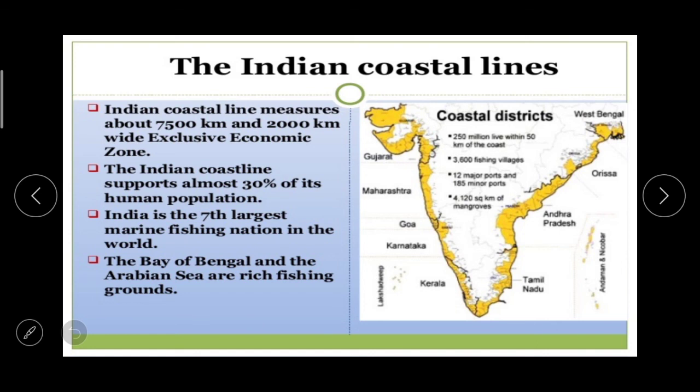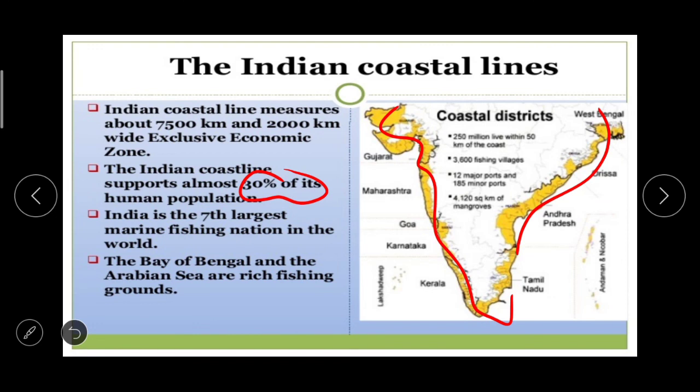Here in the map again you can see the Indian coastline, which measures about 7,500 kilometers, and a 2,000 kilometer wide exclusive economic zone. The Indian coastline supports almost 30% of its human population.